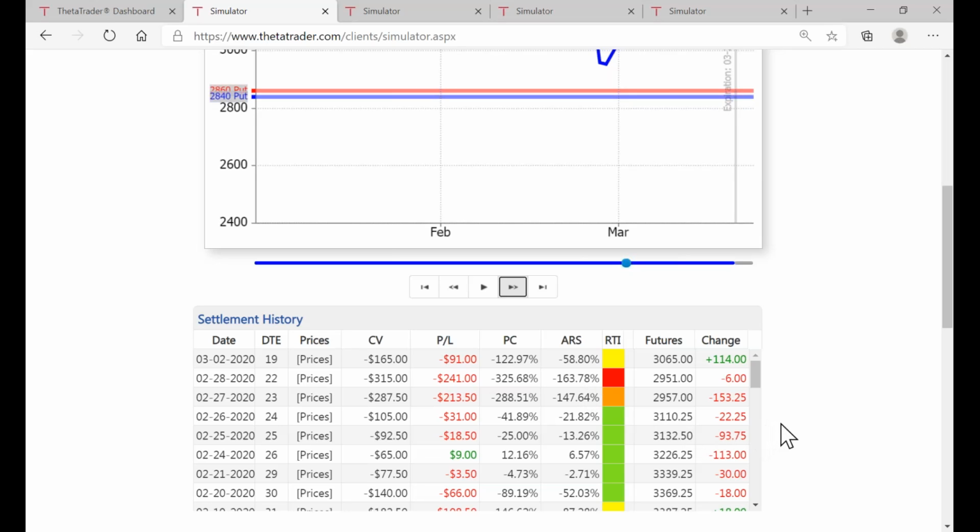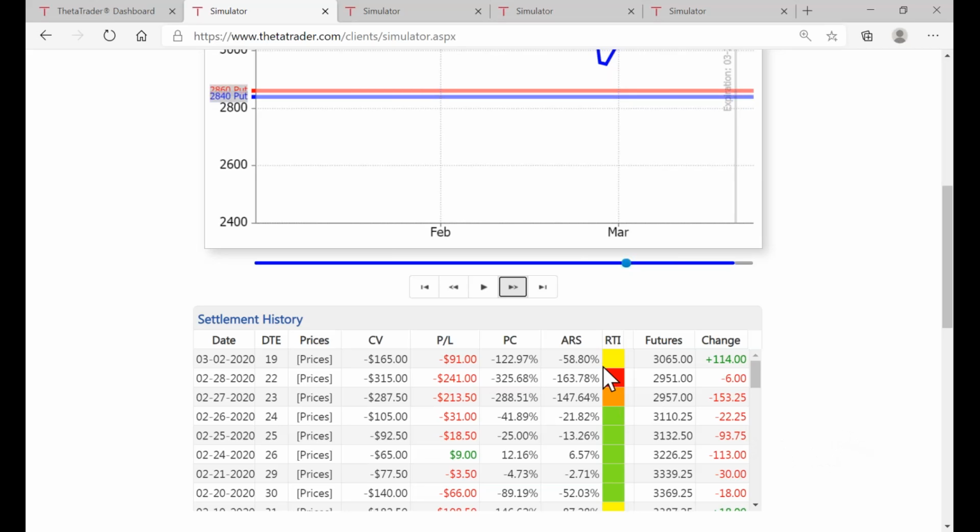Now I want to point out something, and I'll show you how to do it, but pay attention here. This can be automated, so that when any trade turns red, Theta Trader will automatically close out that position for you. And conversely, if it turns profitable and turns blue, Theta Trader will automatically close that position out for you as well.